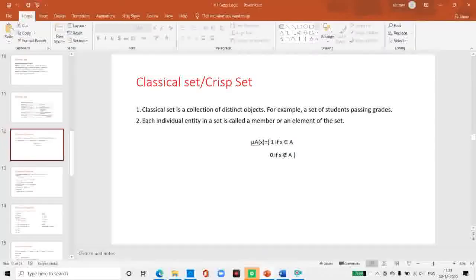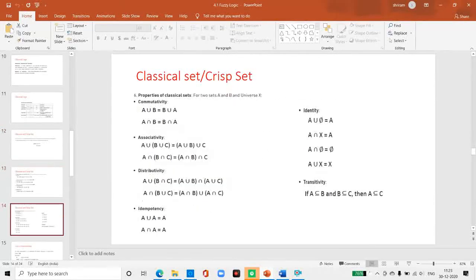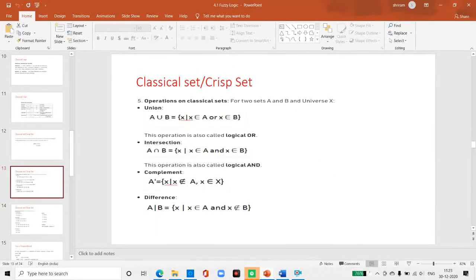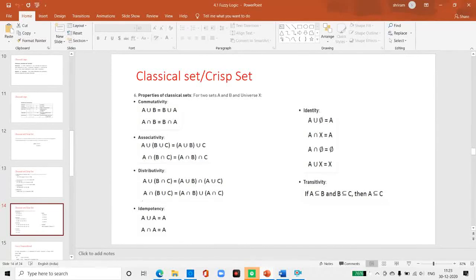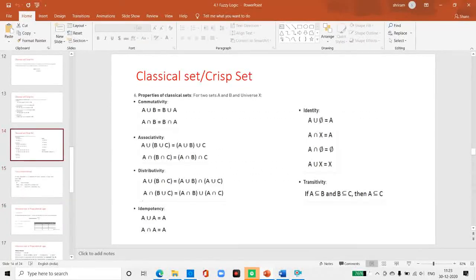And if x does not belong to A, then the answer is 0. So this is our simple classical set, and these are the operations performed on a classical set: union, intersection, complement, difference, and commutativity, associativity, distributivity, and so on.